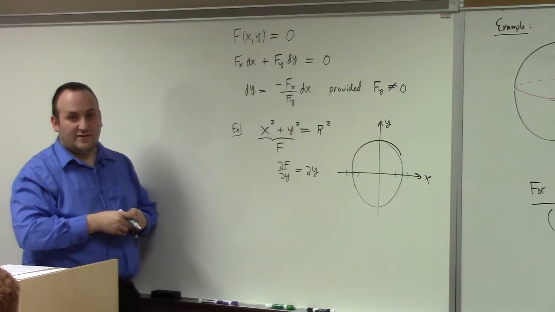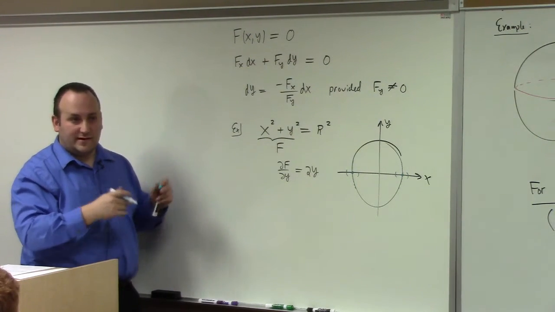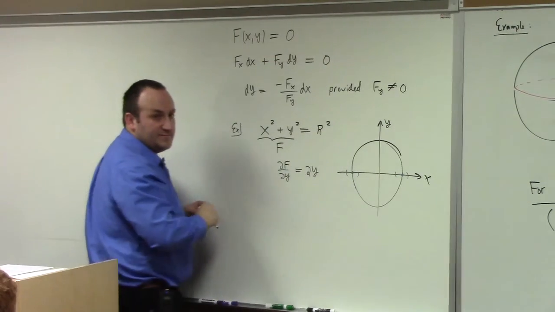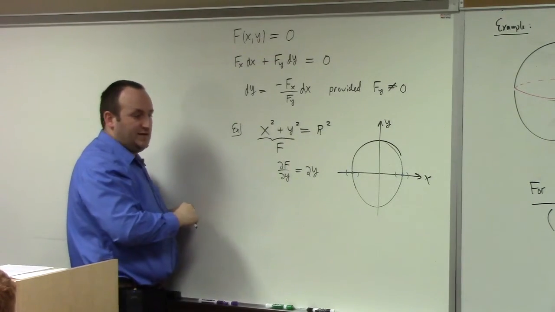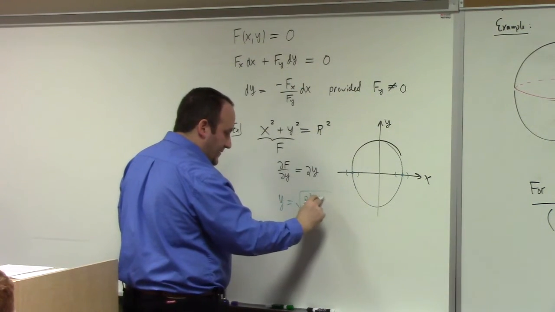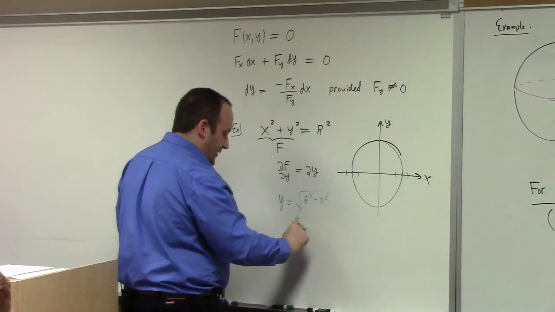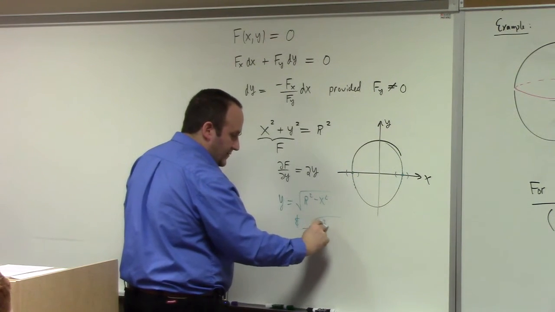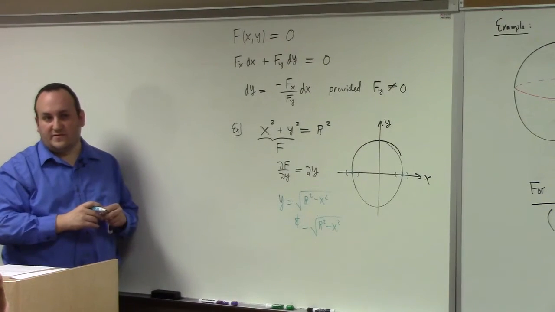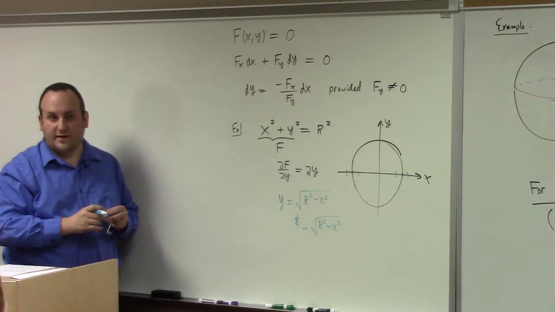We can't solve for y as a function of x on an open set near the intersection point because you go above and below and the vertical line test fails, right? Because I have both y equals the square root of r squared minus x squared and minus the square root of r squared minus x squared on those kinds of open intervals about the point r0 or minus r0.